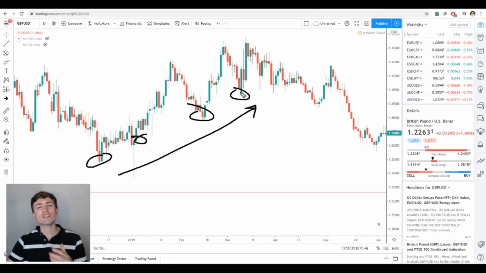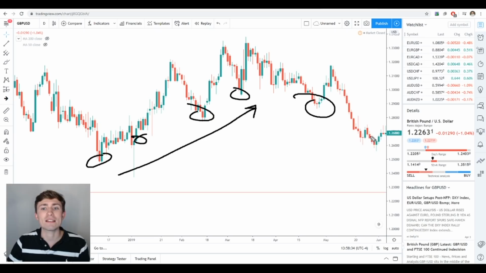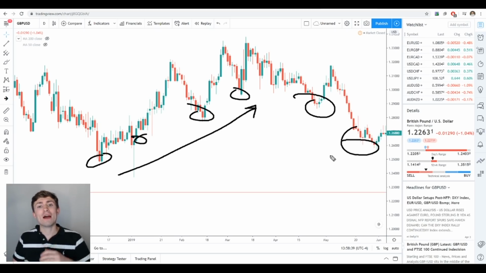Well, when we start to see that fade, in the last video we talked about how when we start to see lower highs, then we've got a potential trend that is starting to fall. Now, this pattern potentially has a way to catch that reversal a little bit sooner.